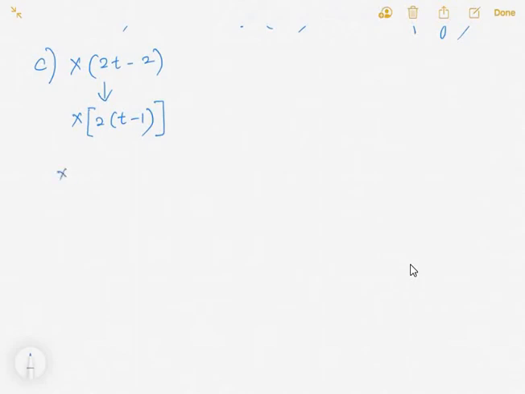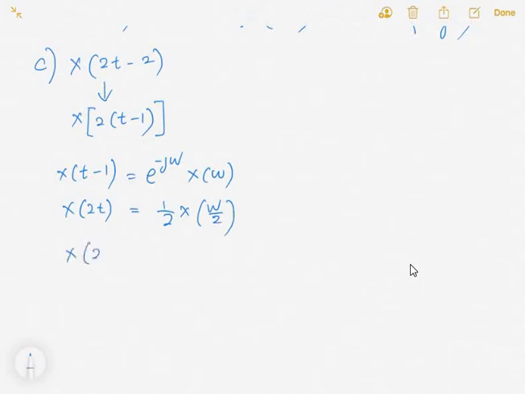For time shifting, we get t minus 1, and then e^(-j omega) X(omega). This is the property for the shifting. And then we have scaling, x(2t), which gives one half X(omega over 2), because a is 2. If we combine both shifting and scaling, we must combine both properties.